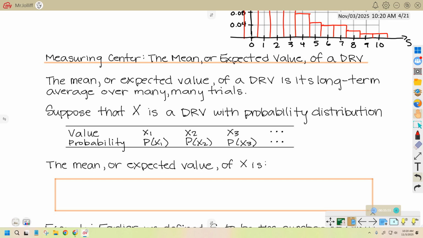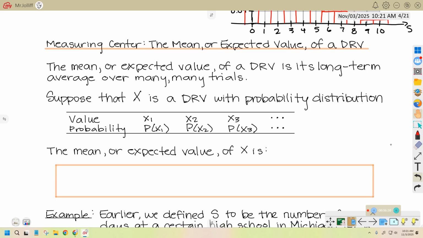And what it is measuring is the long-term average if I were to do this thing many, many times over and over again. Repeated trials of flipping 3 coins, interviewing household after household after household about their cars. Many, many trials, long-term average outcome.